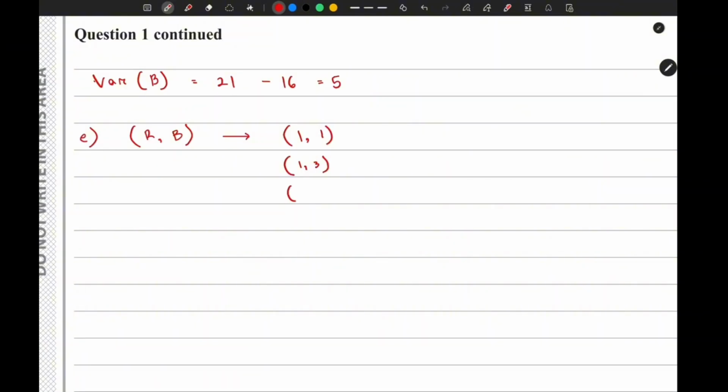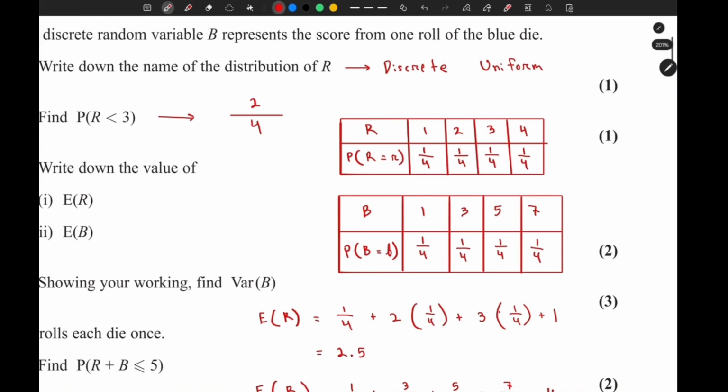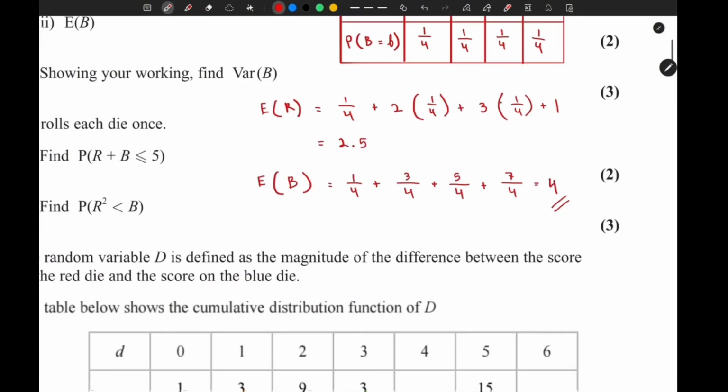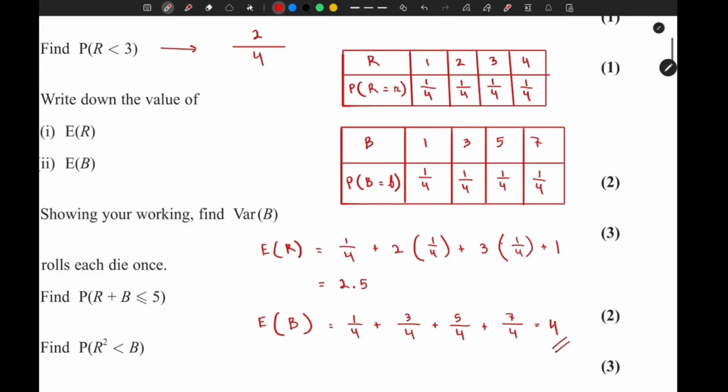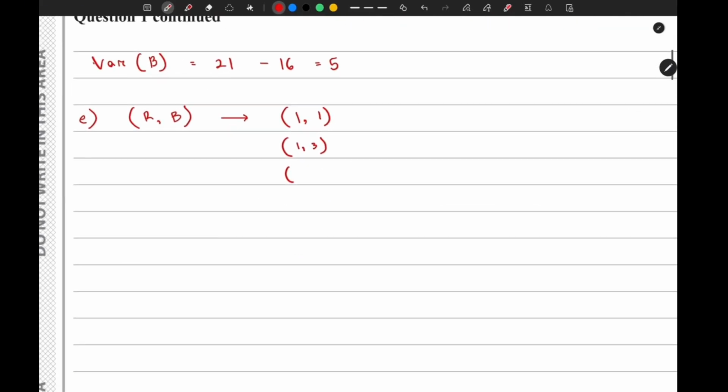The third combination is 2 and 1. The fourth combination is 3 and 1. The next combination will be 4 and 1.